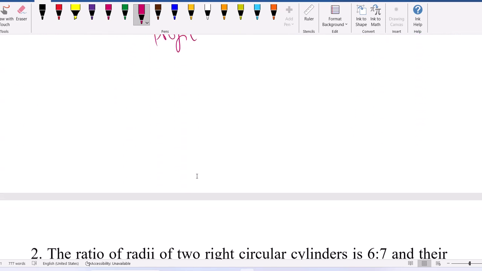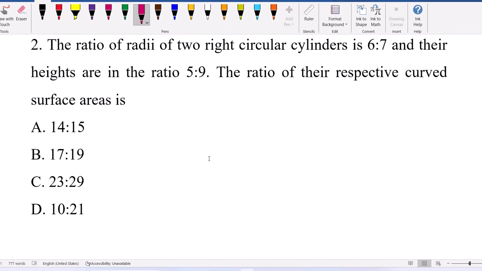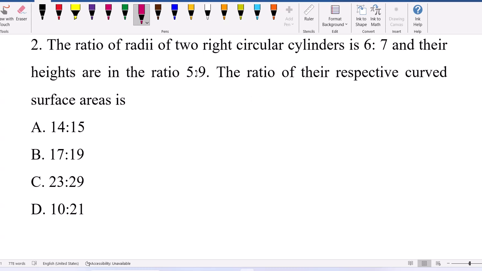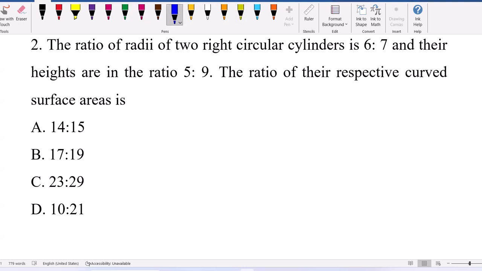Now see the second question. Areas and volumes. You just focused on the previous question, profit and loss, in the Cocubes platform. Now, areas and volumes: the ratio of the radii of two circular cylinders is given and their heights are given. The question is not about volume, they are asking for curved surface area.